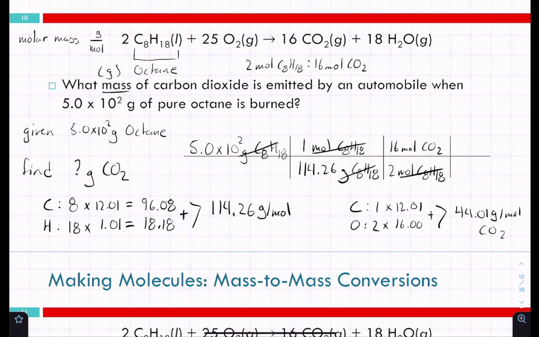So because we want to get rid of moles of CO2, we'll put 1 mole CO2 in the denominator, and then we'll put 44.01 grams of CO2 in the numerator.